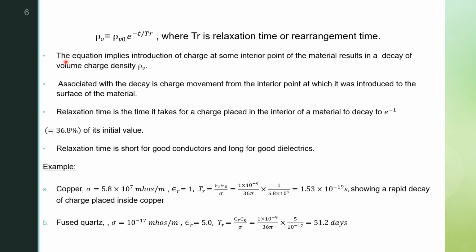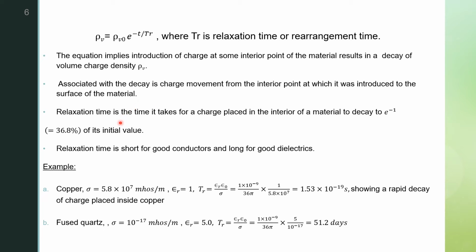The equation implies that introduction of charge at some interior point of the material results in a decay of volume charge density, that is rho V. That's very clear from this expression. That is, rho V is decaying exponentially. And along with the decay, the charge moves from the interior point at which it was introduced to the surface of the material.